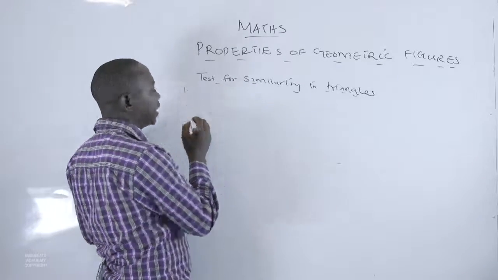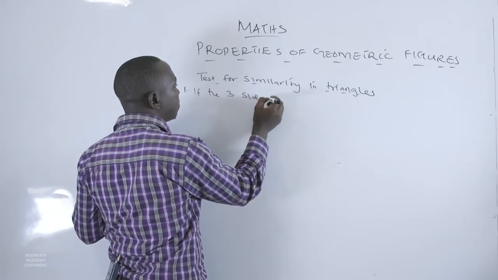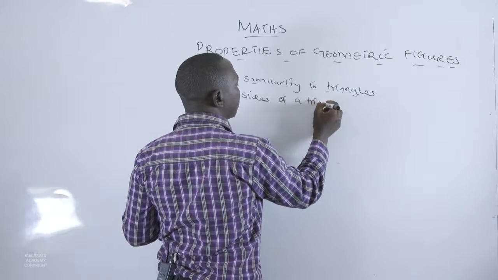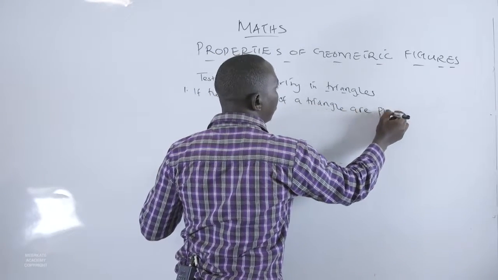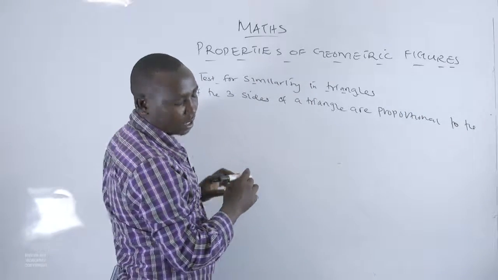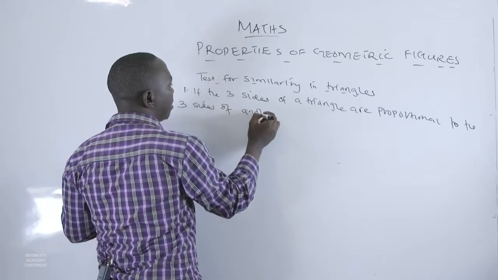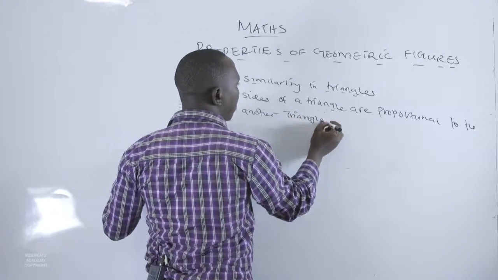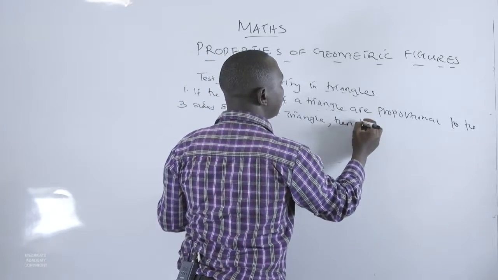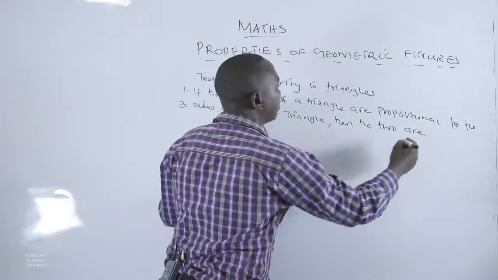Test one is if the three sides of a triangle are proportional to the three sides of another triangle, then the two are similar.